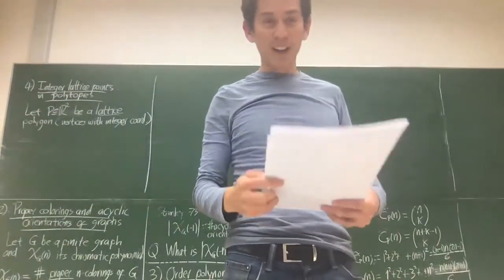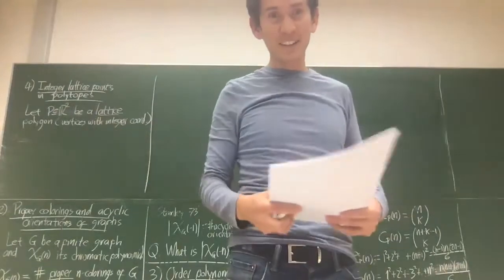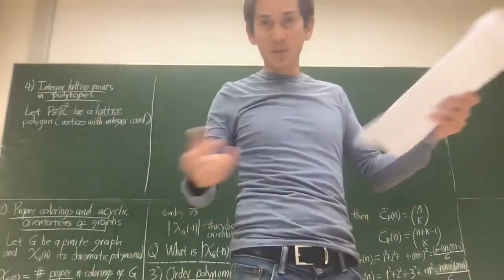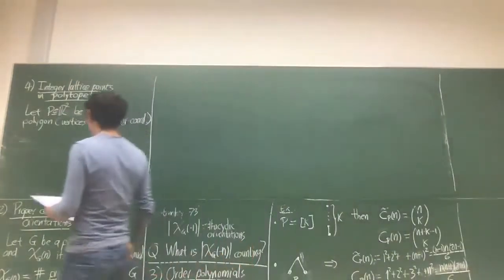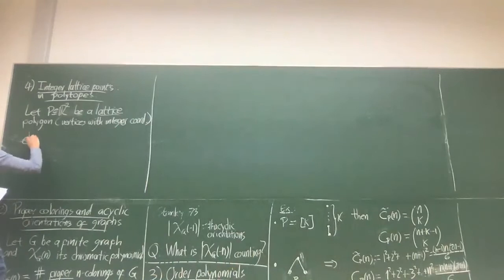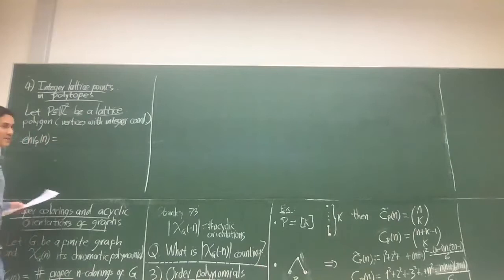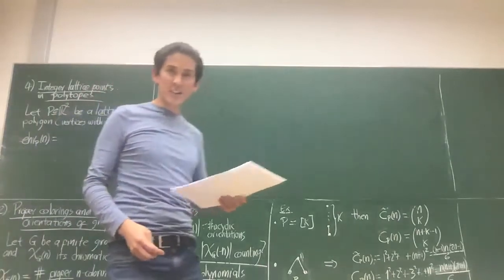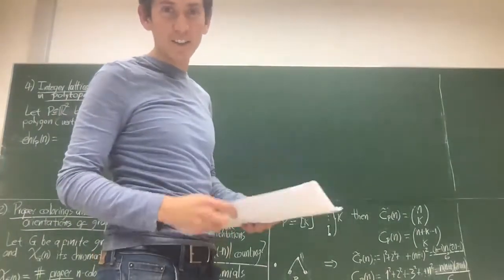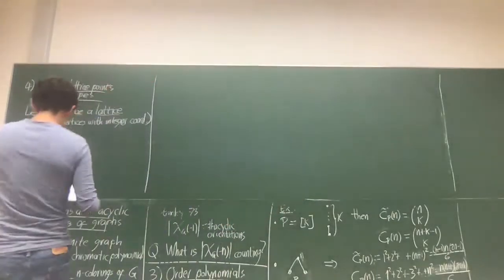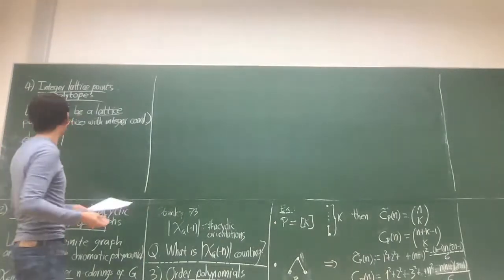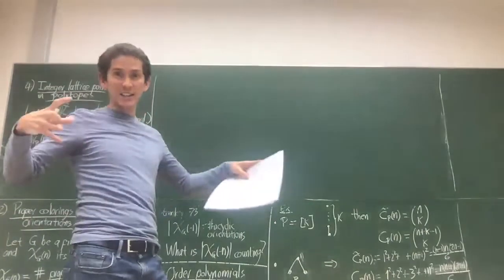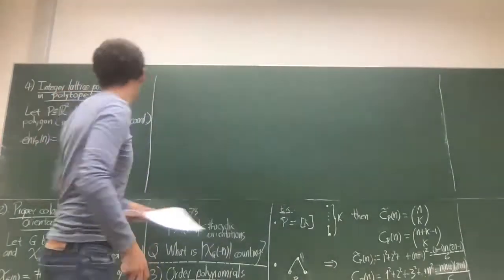And now let me define again two polynomials, and the goal will be that these two polynomials are related by a combinatorial reciprocity. So the first one is Ehr P of n. This Ehr is because of Ehrhart, as Stefan mentioned. And this is counting the number of integer lattice points inside the n-th dilation of this polygon.